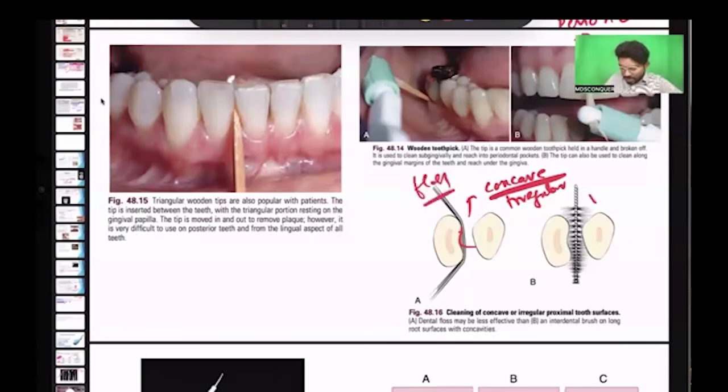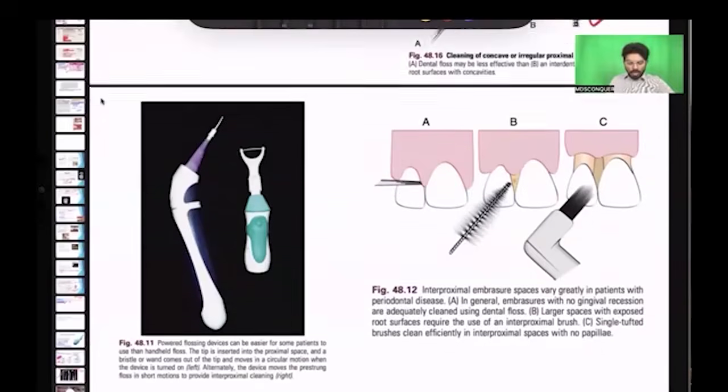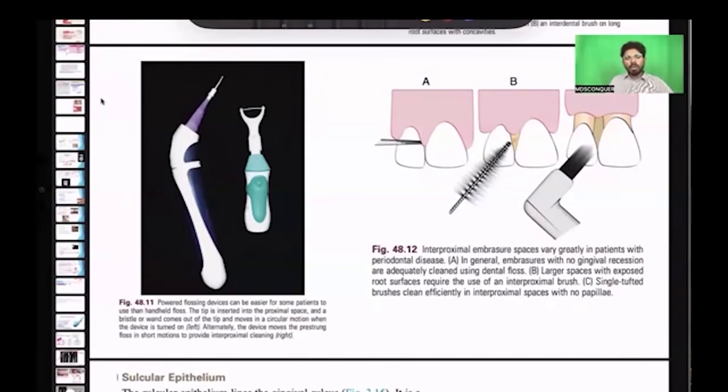So in such areas, whenever they ask for the best aid for cleaning interproximal areas, when you have fluted, irregular or concave proximal surfaces, the best method is an interproximal brush. Similarly, along with the interproximal brush, you have something called powered flossing devices.